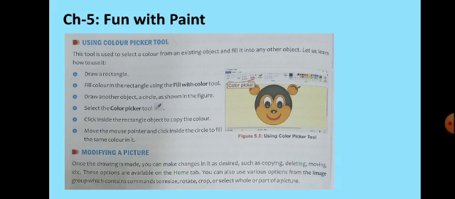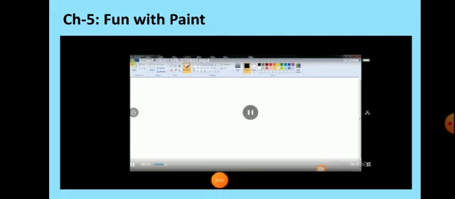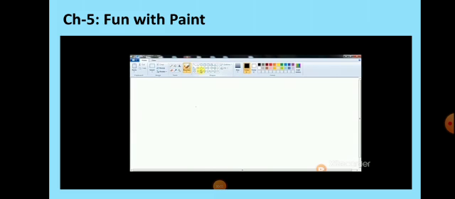Now let's watch this clip on using the color picker tool. Here we are going to learn how to use a color picker tool. Let's draw one star shape, and then we will draw a circle. Now we are going to color these two shapes with different colors.